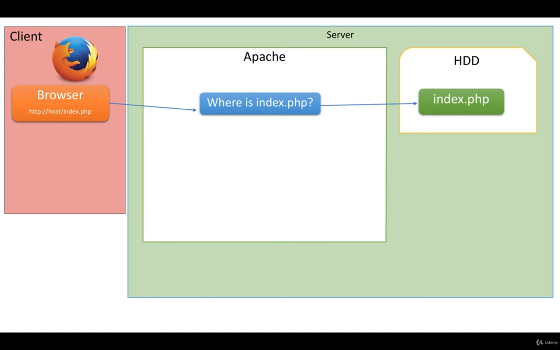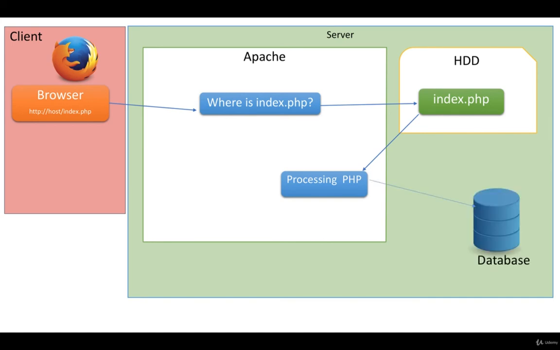So when it finds the page, it tries to process that page. If it has server-side code like PHP, C#, whatever, it tries to process that code. If there is communication with the database, read, write, or whatever, it tries to do it. When it completes all the server-side code, I mean the PHP or C# code, it sends us the result back as HTML only.